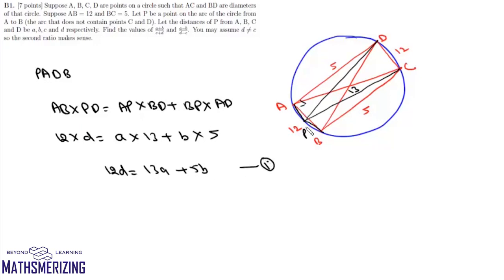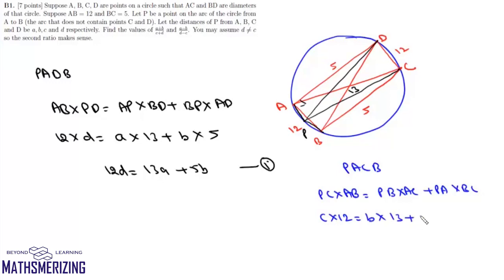Now we consider this other quadrilateral PACB. Then again, if we use Ptolemy's theorem, we can write PC into AB as PB into AC plus PA into BC. Now PC is C, AB is 12, PB is B, and AC is 13, PA is A, and BC is 5.